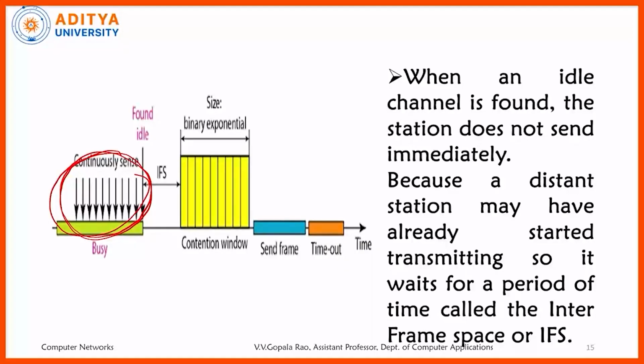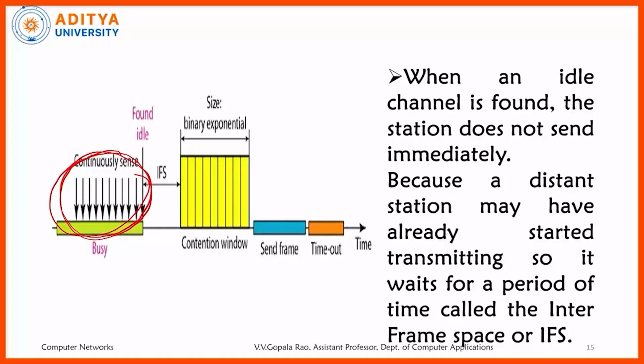Even though you notice that the channel is idle, the information released by the previous station may be coming to your end, and it unnecessarily disturbs your transmission and collides with your data frame, so automatically both the data will be lost.